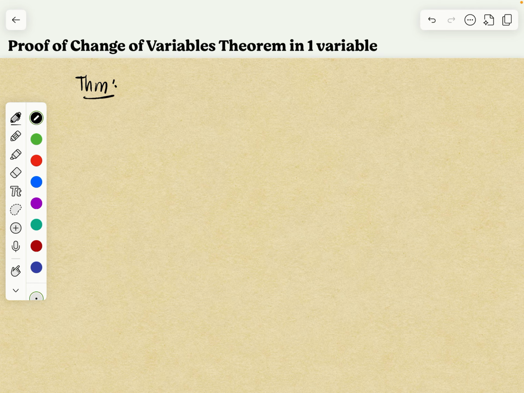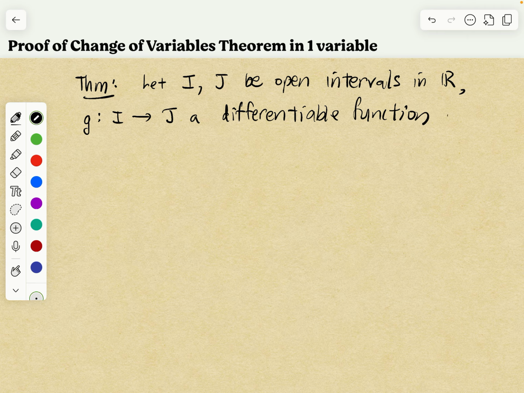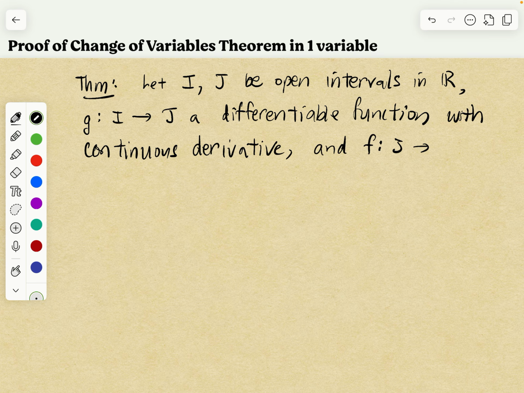So the theorem says, let I and J be open intervals in R, g from I to J a differentiable function with continuous derivative, and f from J to R a continuous function.